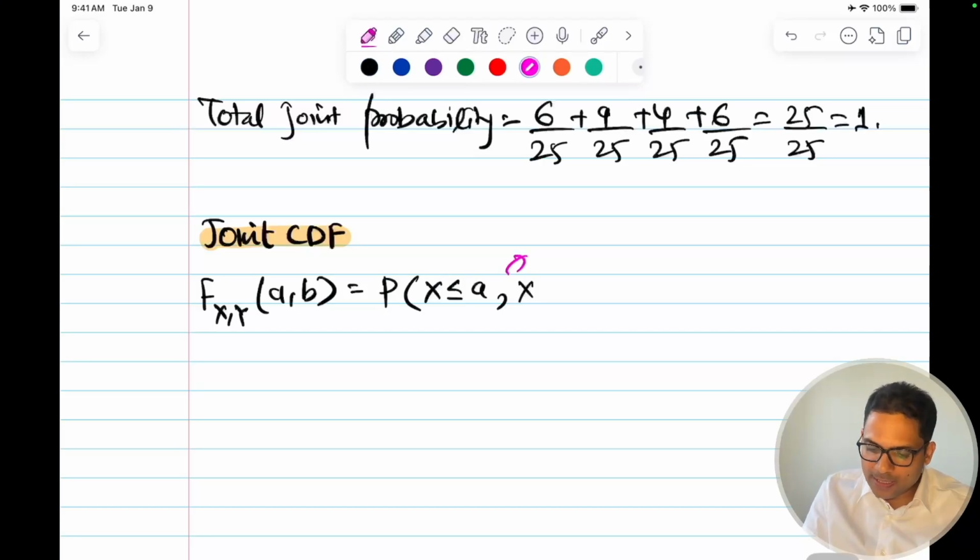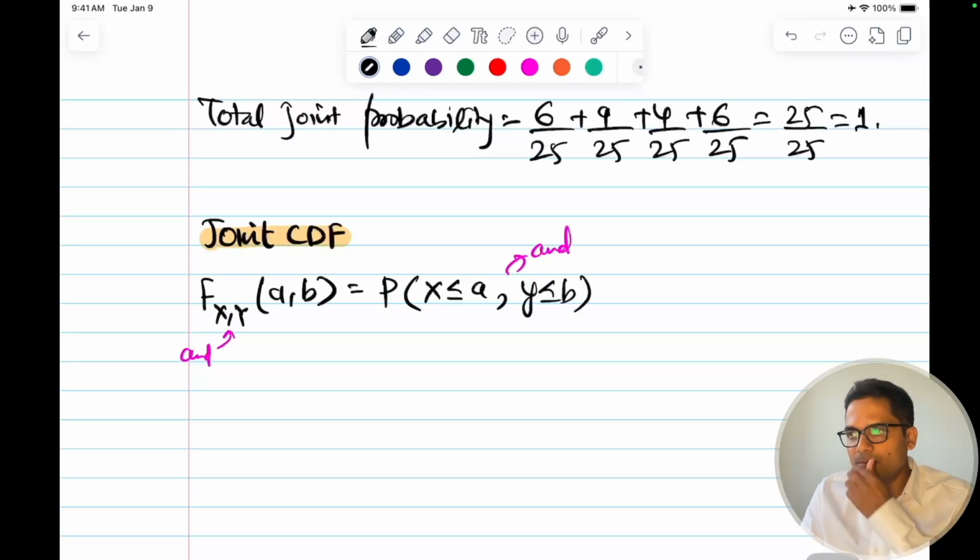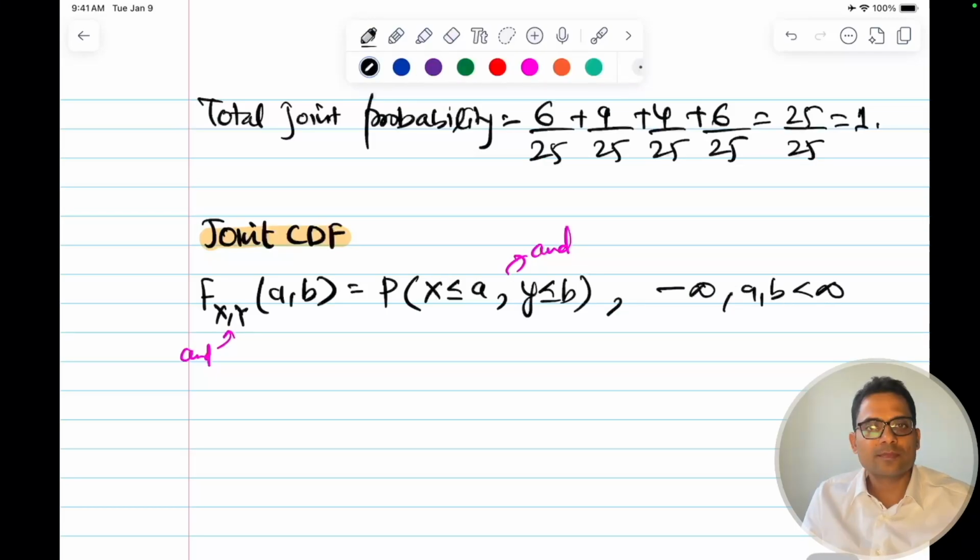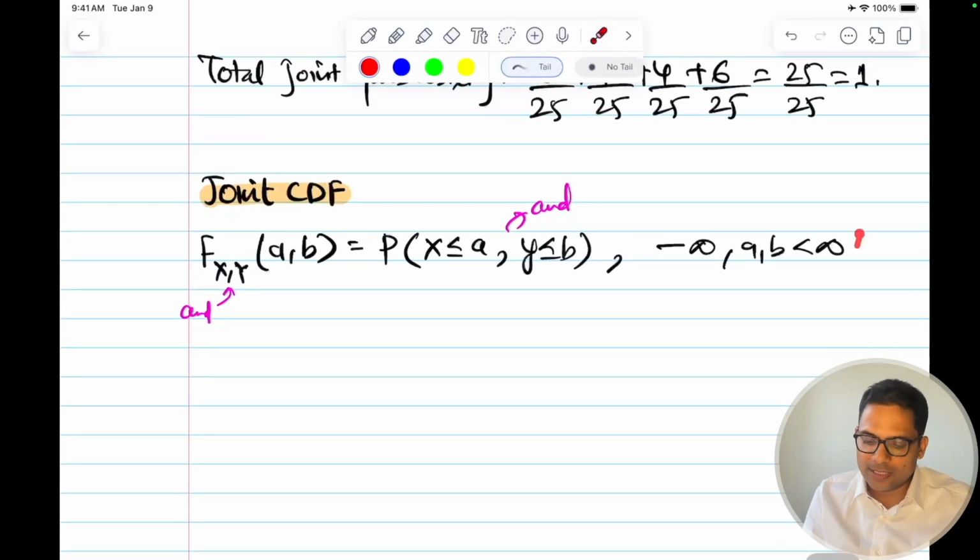Wherever you see comma, read it as and. And y is less than or equal to b, where a and b lie between minus infinity and plus infinity. So this is your joint CDF.